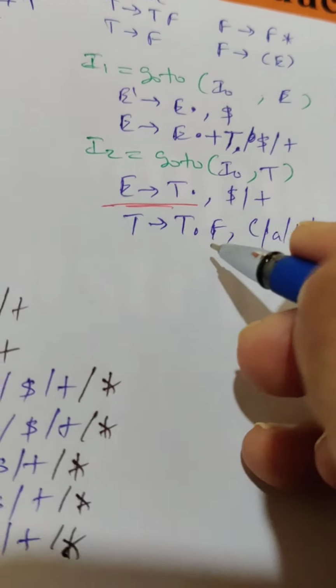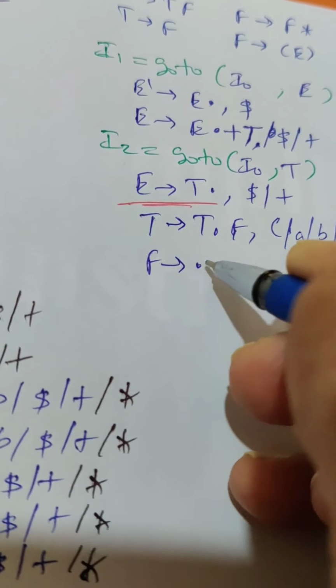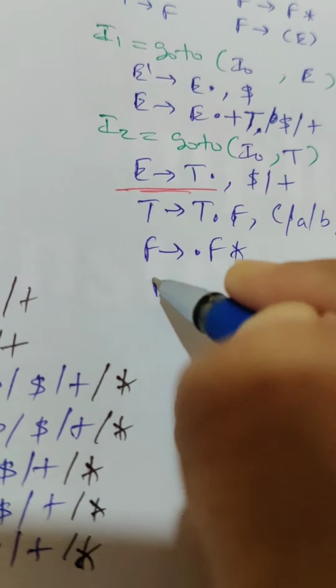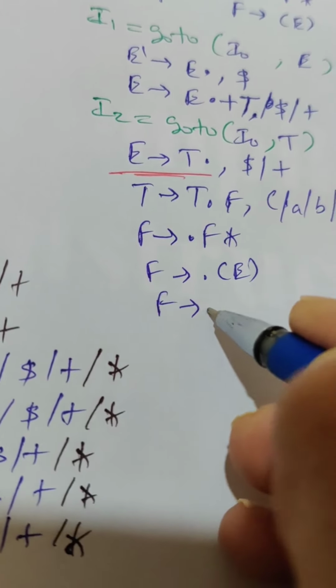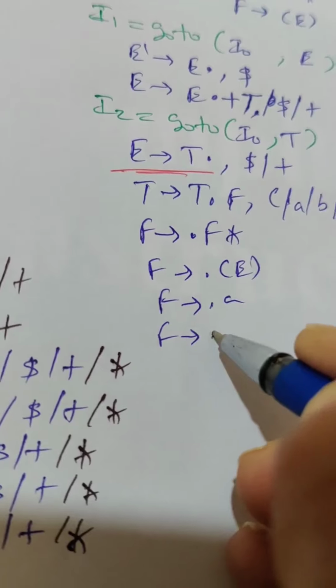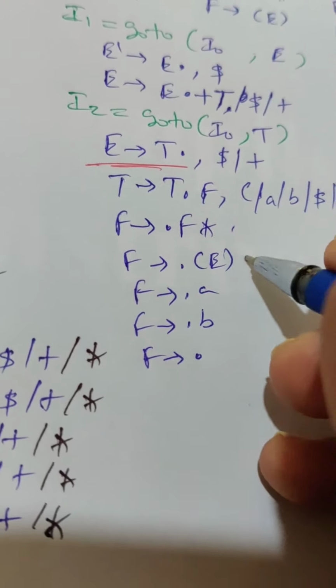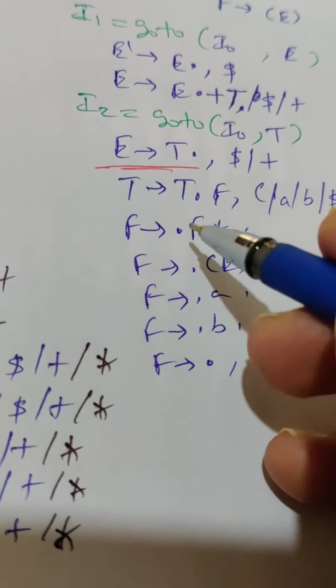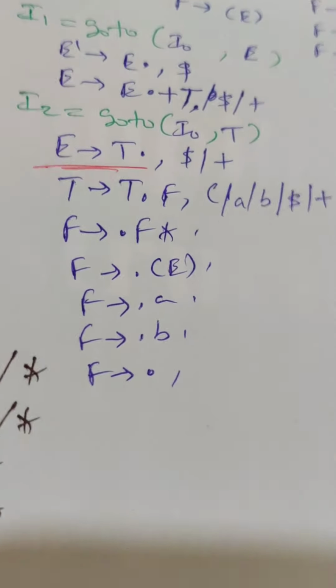Now after the dot is an F, so we have to write the rules of F again here. F goes to dot F star, F goes to dot bracket E, F goes to dot A, F goes to dot B, F goes to dot. That's the epsilon rule. For all these rules we need lookahead, and the lookahead will be all this, so I'll just copy it.